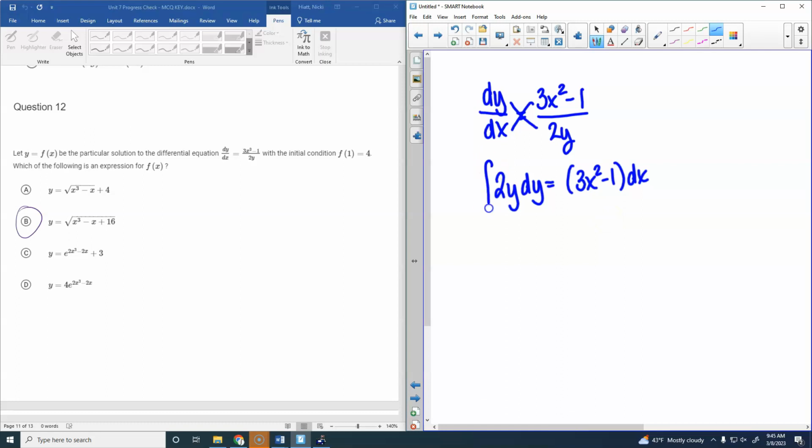And so you will integrate both sides. On the left-hand side, you'll get y squared. On the right-hand side, you're going to get x to the third minus x plus c.